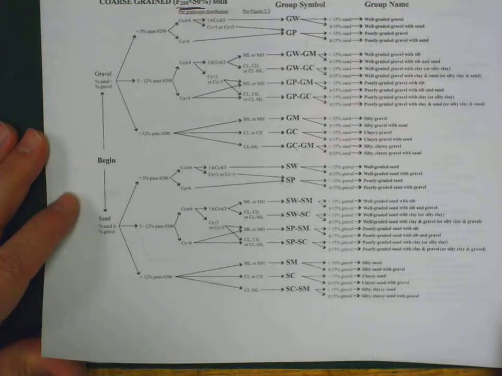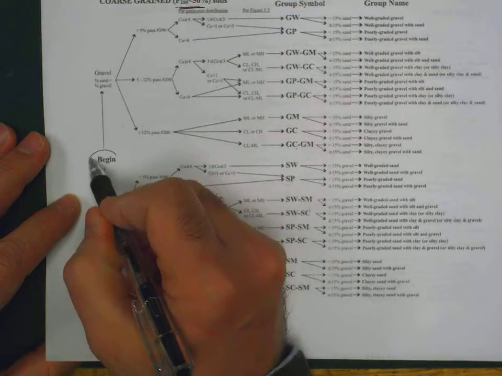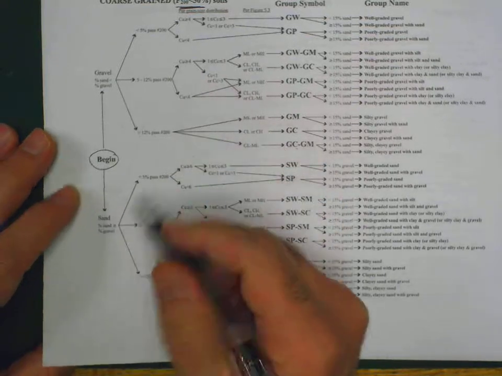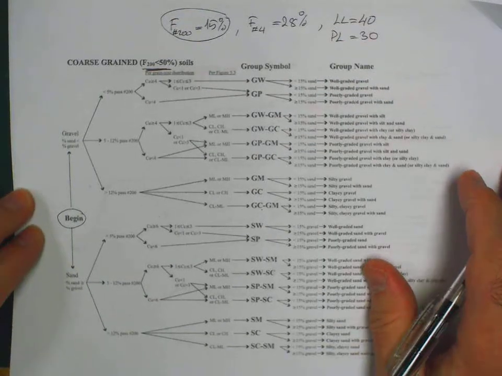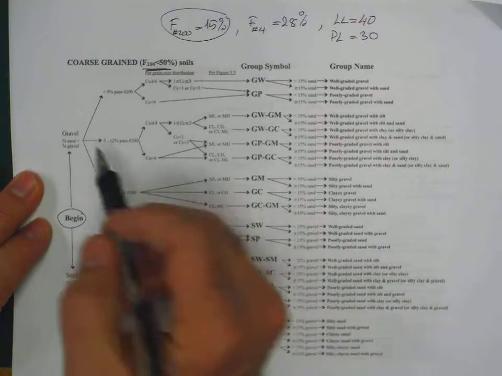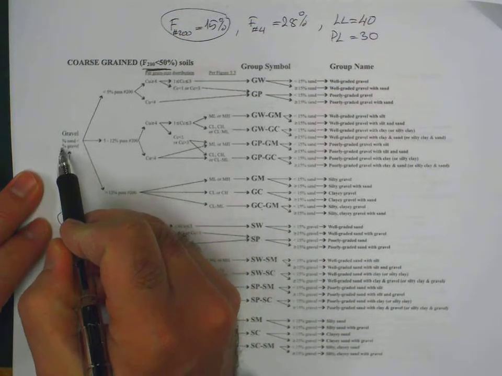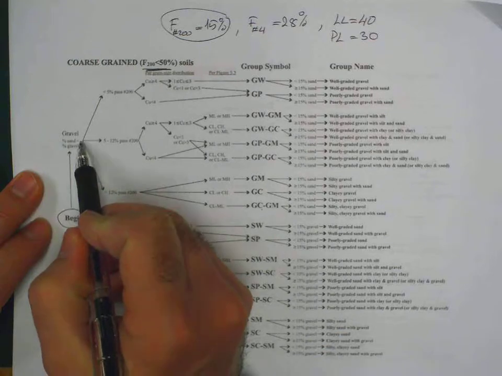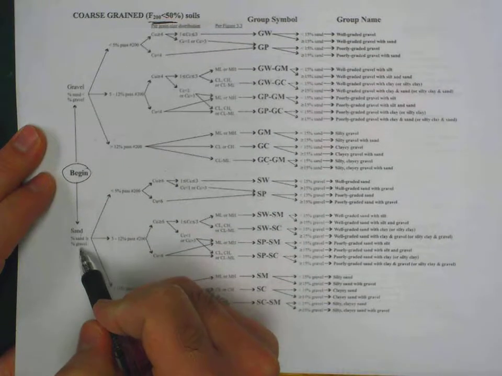So now we are beginning here, so we need to go either up or down. We need to figure out whether we have more sand or more gravel. This says if the percent sand is less than percent gravel, we're going to go this way. If the percent sand is larger than percent gravel, we're going to go this way.